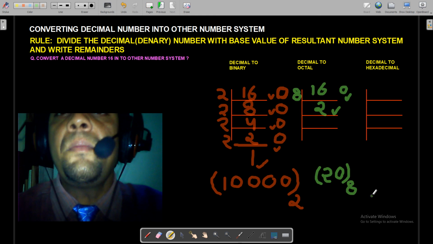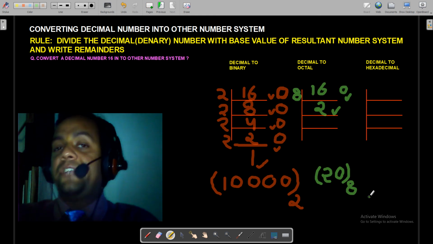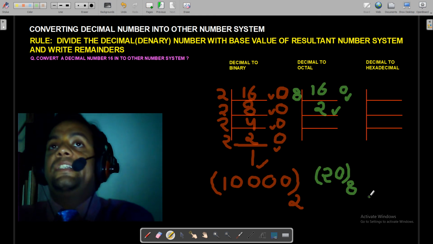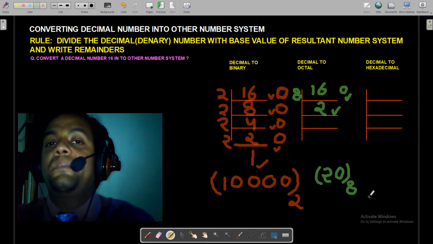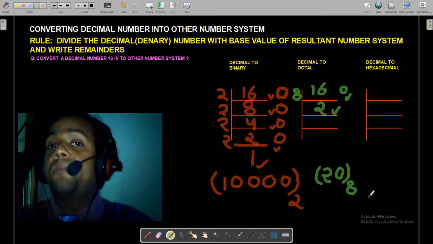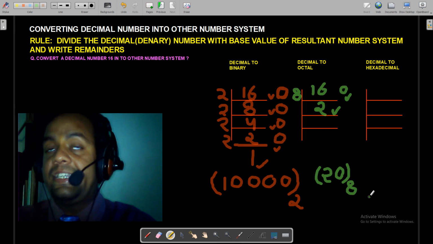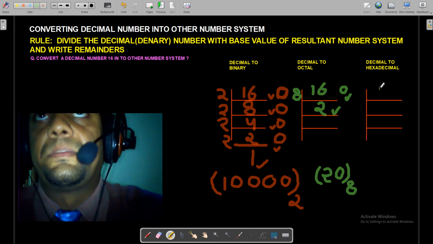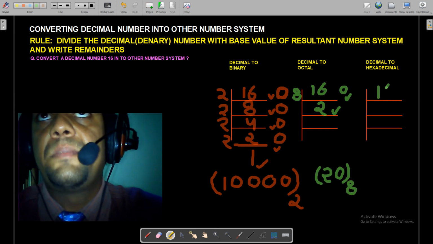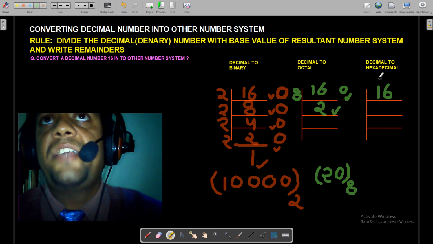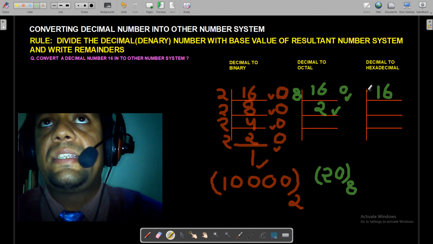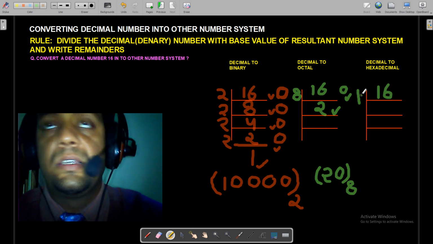Now in the same way, can you tell me if I have to convert this 16 into hexadecimal, I will divide the 16 by which value? What is the base value of hexadecimal? 16. Yes. So I will divide it. So let me do this. My number is 16. The base value of hexadecimal is 16, so I have to write 16 here.